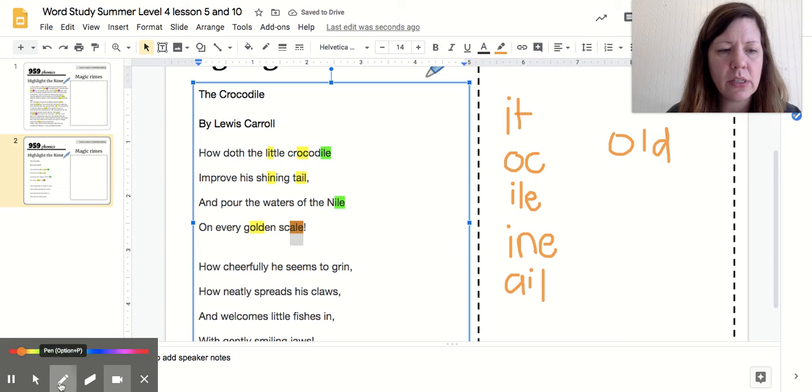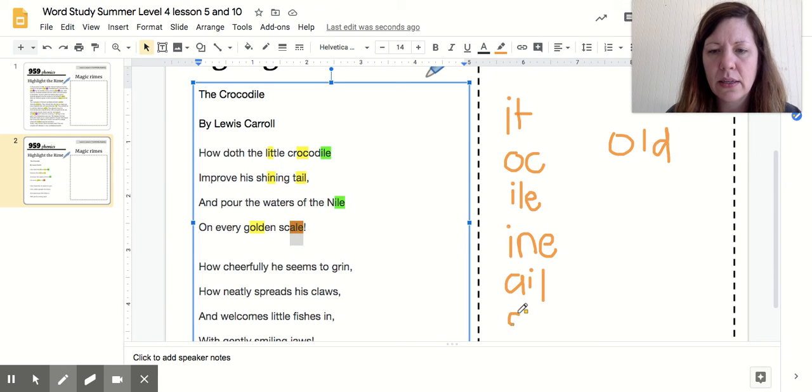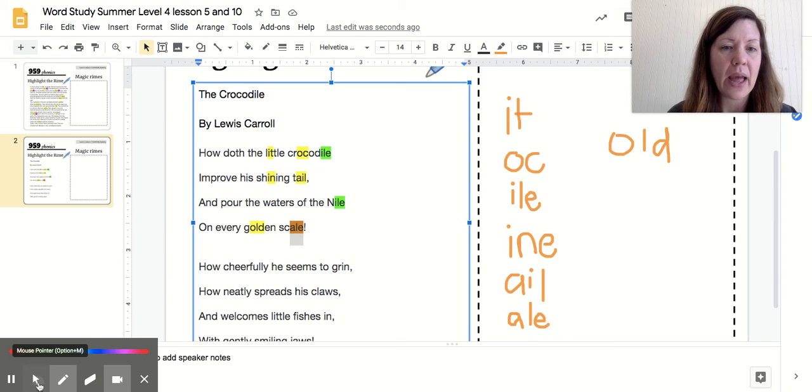And this one's interesting because I'm going to write it under this other one. On tail and scale, they sound the same. They rhyme in the poem, but they're spelled differently. So that magic rhyme can be spelled in two different ways. That long A sound can be made in two different ways. Okay, here we go.